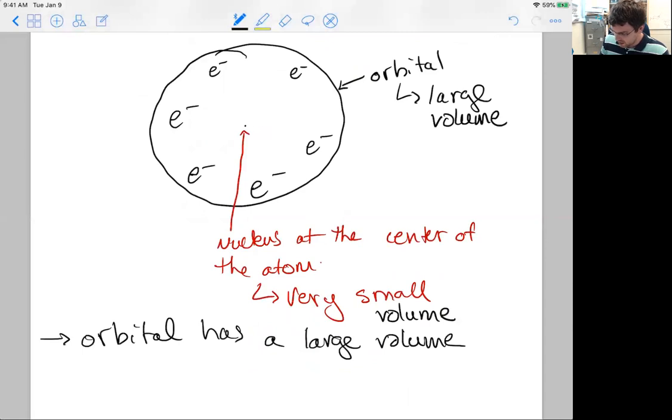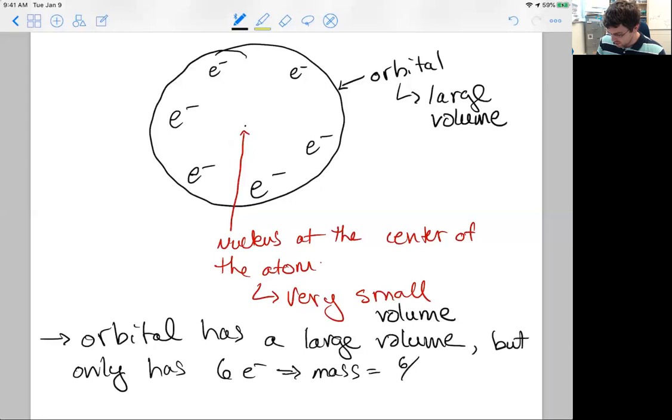The orbital has a large volume, but let's think about the mass of the orbital. The mass has 6 electrons. So our orbital space only has 6 electrons, which has a mass roughly equal to 6 over 2,000, which is roughly 0.